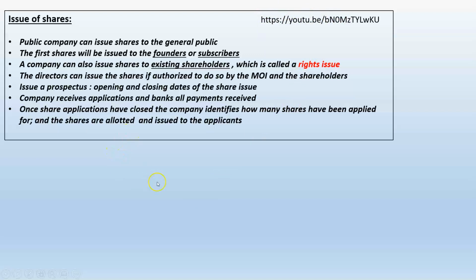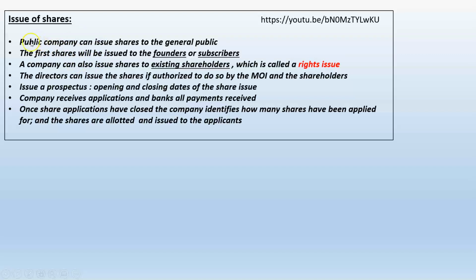Now, only a public company can issue shares to the general public. A private company can also issue shares, but it has a targeted market. It will firstly be to its current shareholders if it's going to issue more shares than were originally issued by the entity.